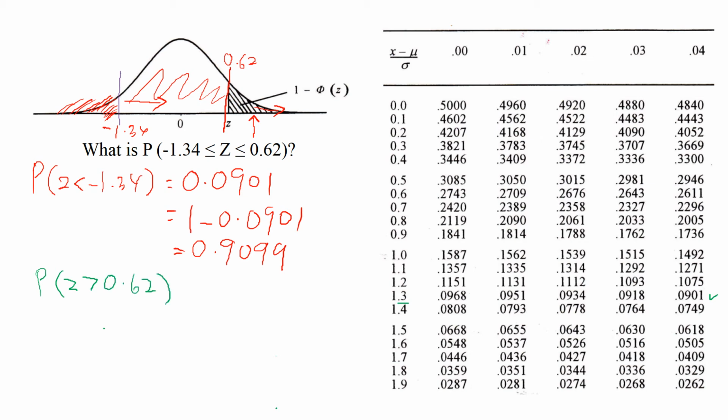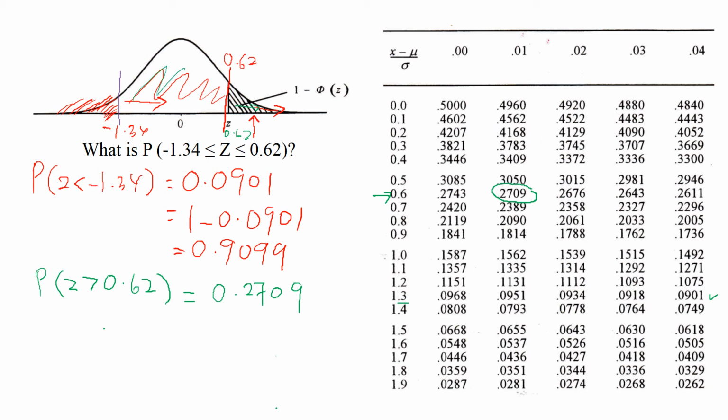Looking up 0.62 gives you 0.2709. This is only the area on the right side of 0.62.